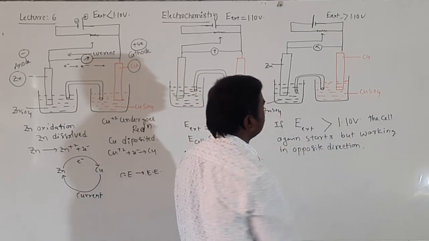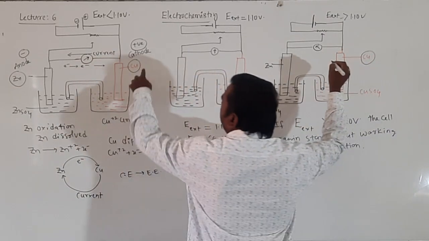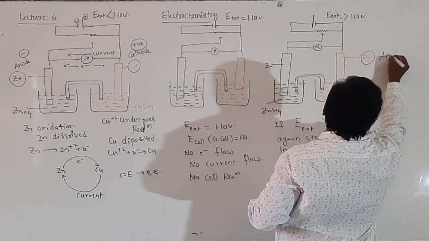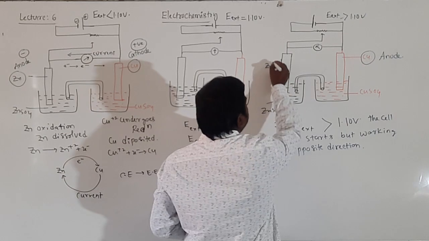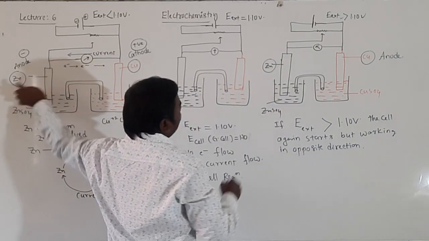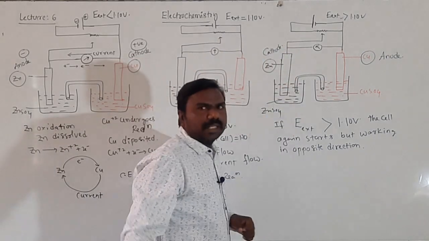It means copper, which acted as cathode in the beginning, here acts as anode, right? So zinc, in the beginning acting as anode, here acts as a cathode.